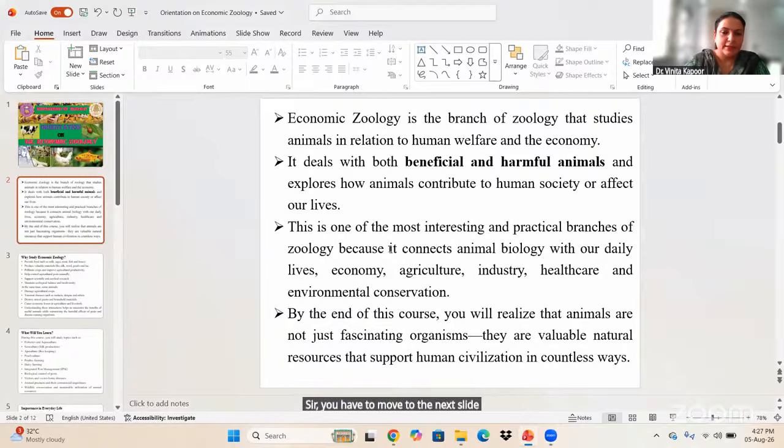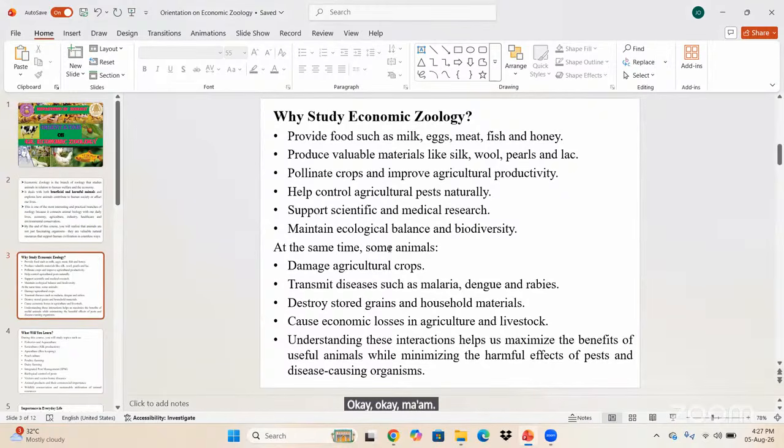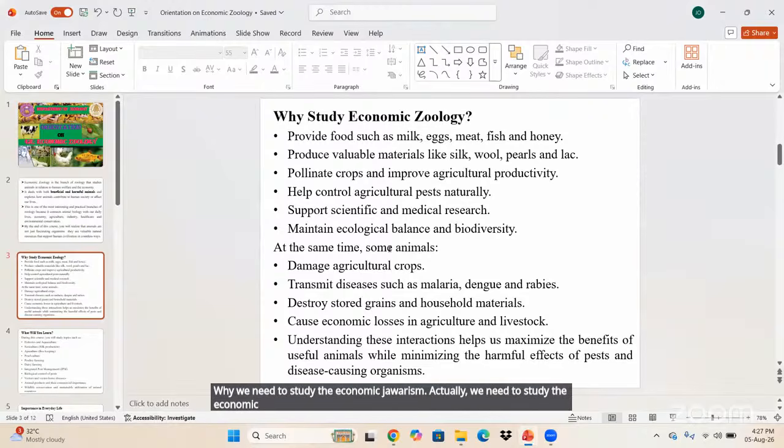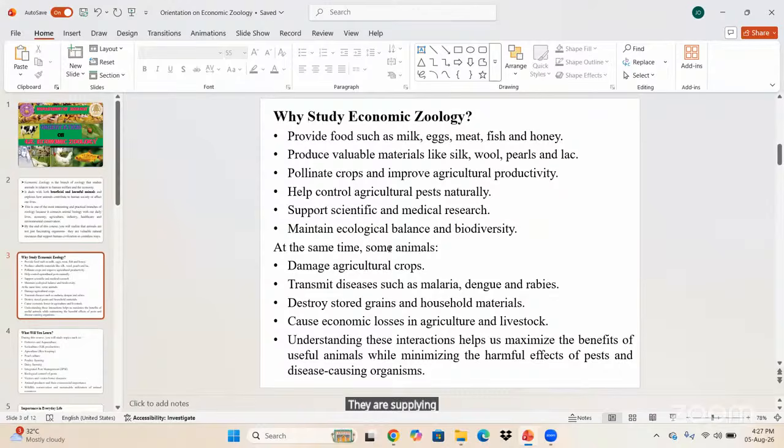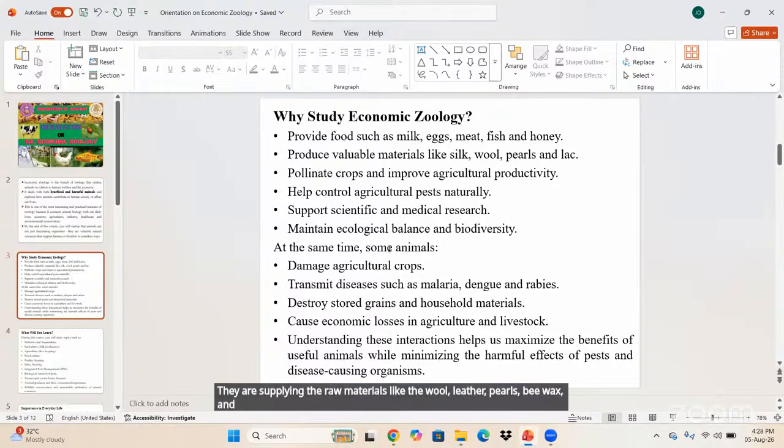Okay, ma'am. Yes. Why do we need to study economic zoology? Actually, we need to study economic zoology because animals contribute enormously to human society. So they provide food in the form of milk, meat, eggs, fish, honey, seafood, etc. And also they supply raw materials like wool, leather, pearls, beeswax, and they support several industries.